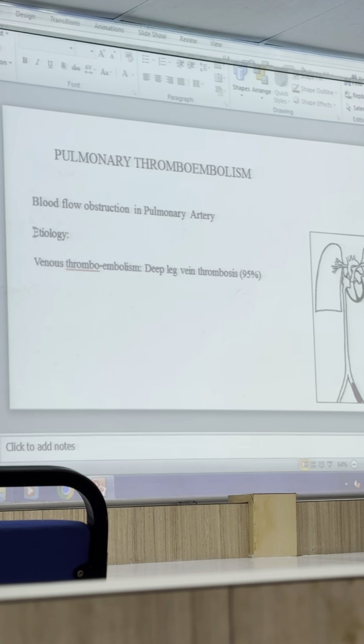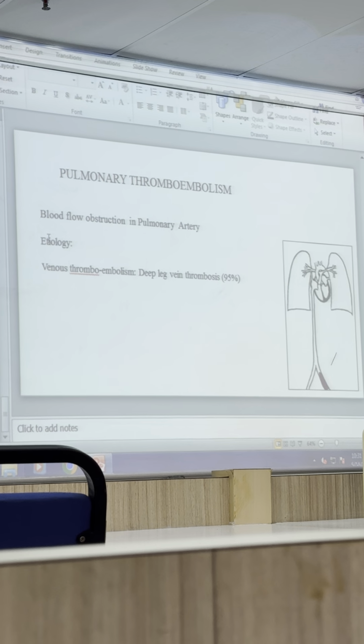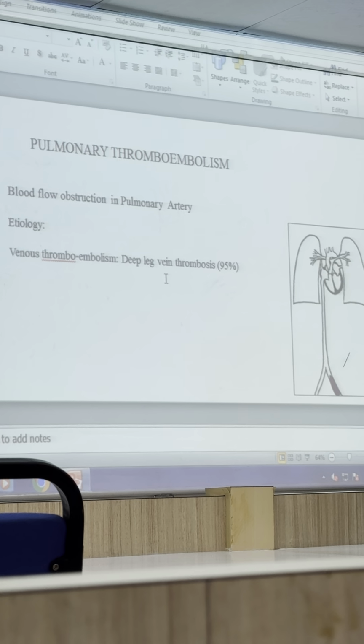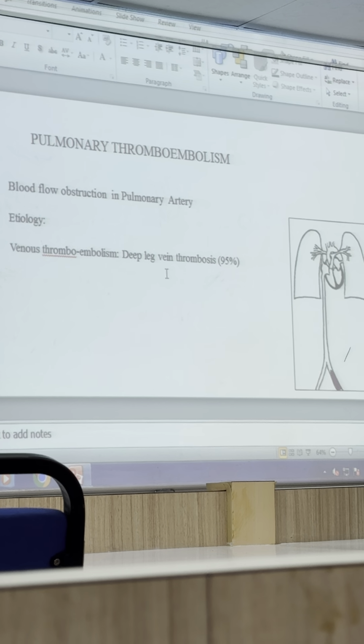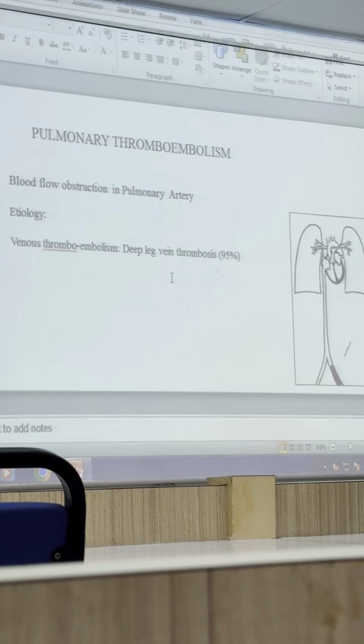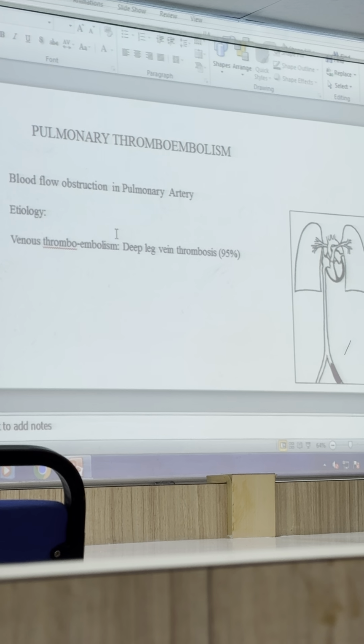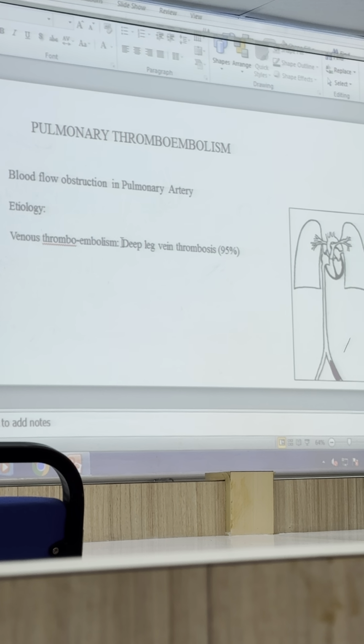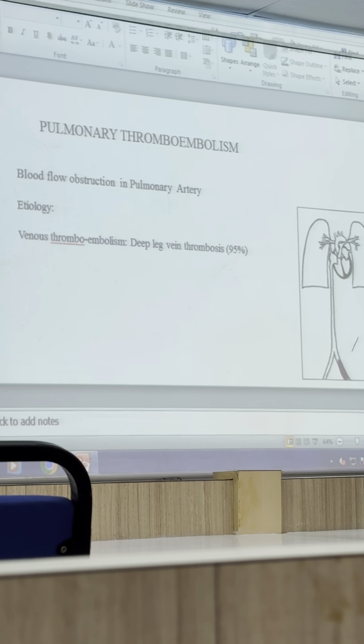Pulmonary thromboembolism, the most common cause is deep vein thrombosis. So likewise MCQs can be formed.